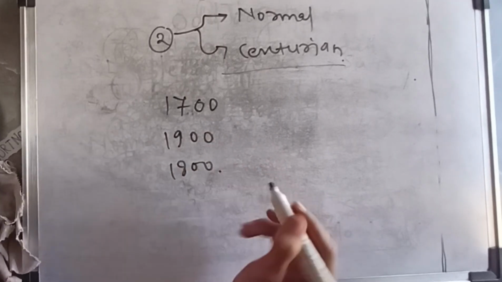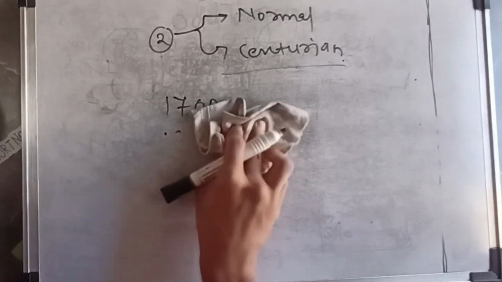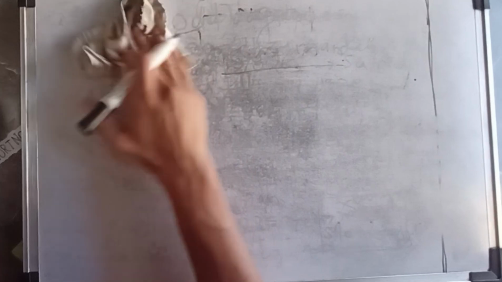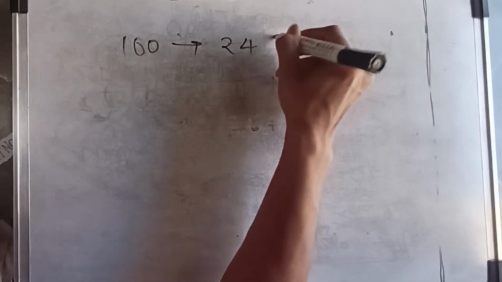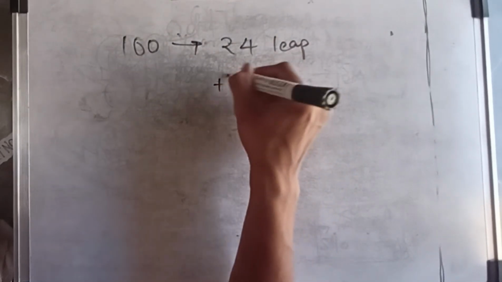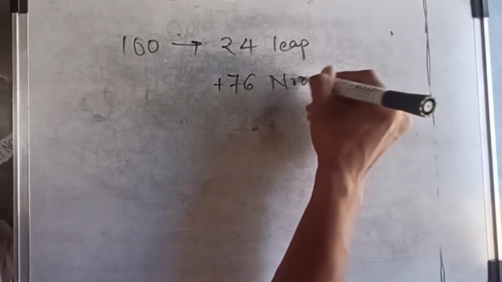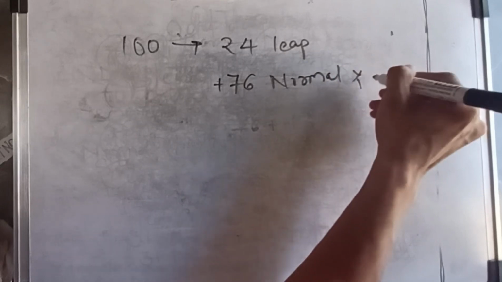So now we will formulate the number of odd days in a century. In 100 years, there are 24 leap years and 76 normal years.